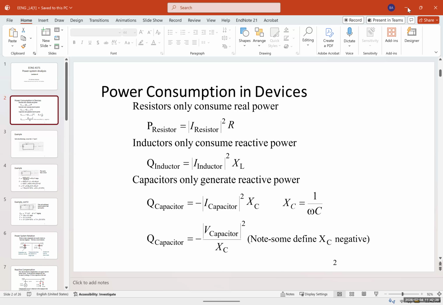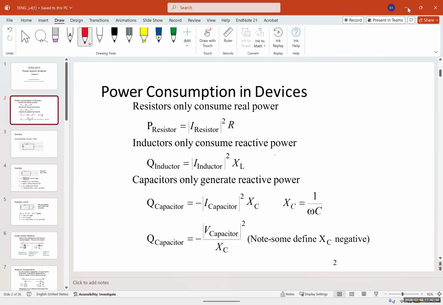Now XC is going to be equal to 1 over omega C. What is XL? Yes, omega L, or the inductance of the reactor, which is technically J omega L because it's a reactive power.